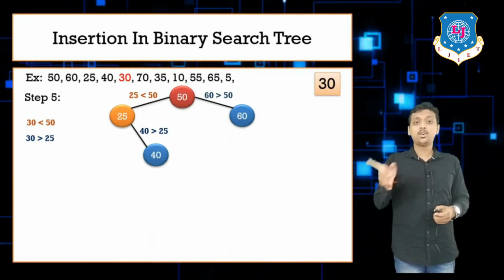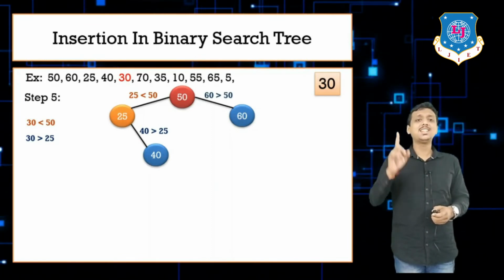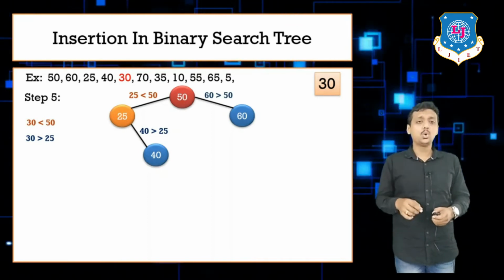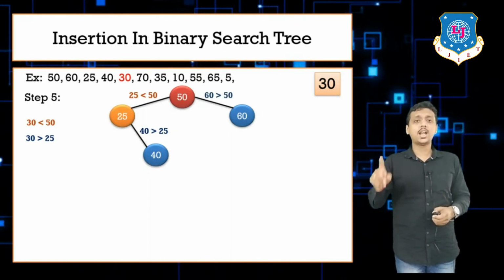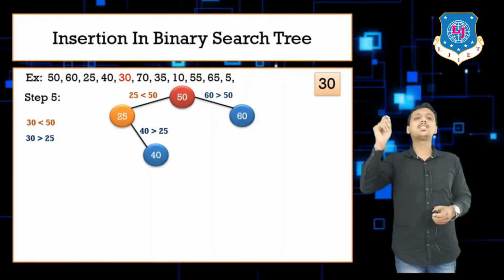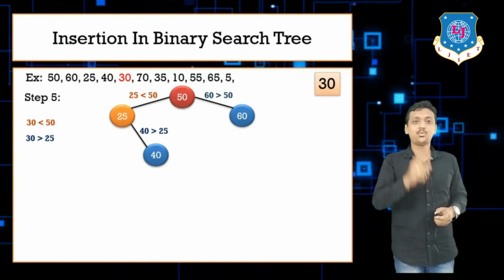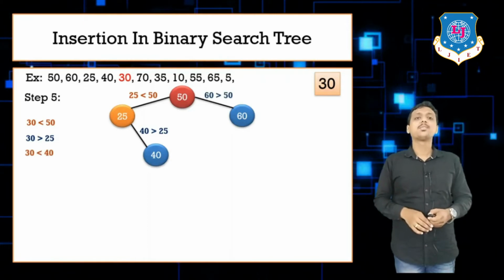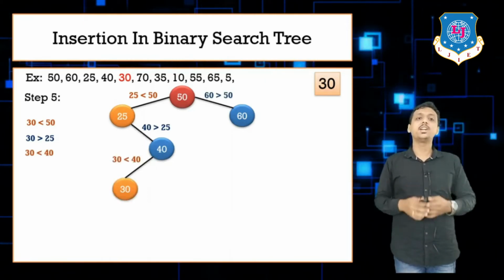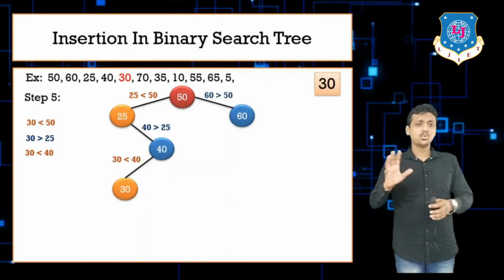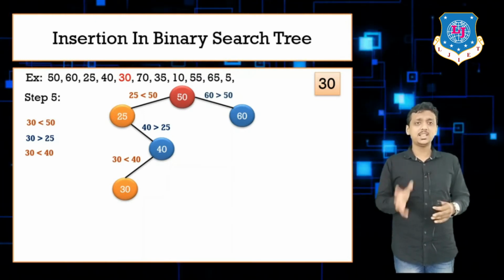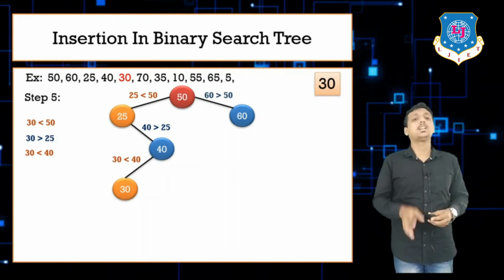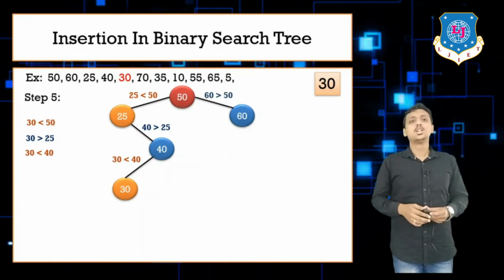Obviously 30 is less than 40. So where to go, left or right? We need to move towards the left side of 40. So the left side of 40 we have 30. Now you will get a better idea of where to insert and where not to, but always start the comparison from the root node.